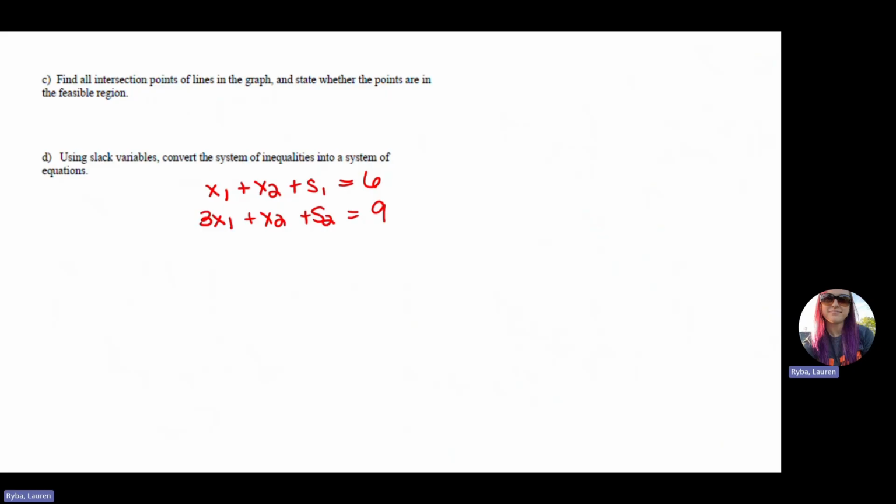I take those two inequalities and make them equalities by adding the slack variable, which helps me determine whether this is a point within the shaded region or not.